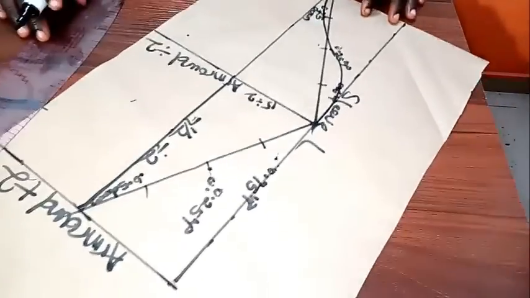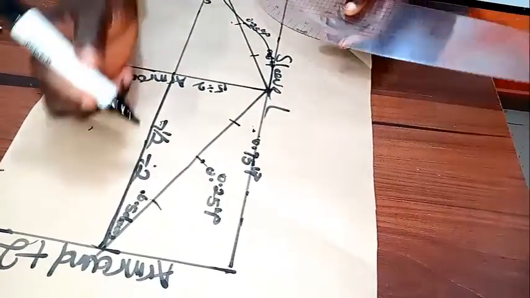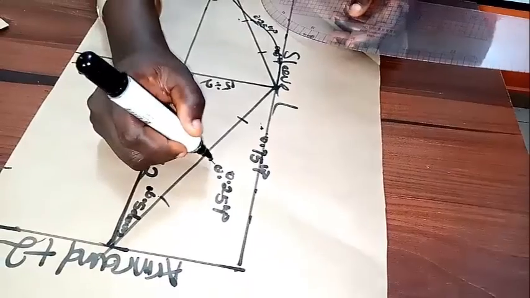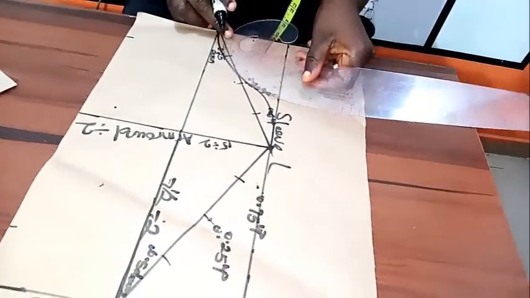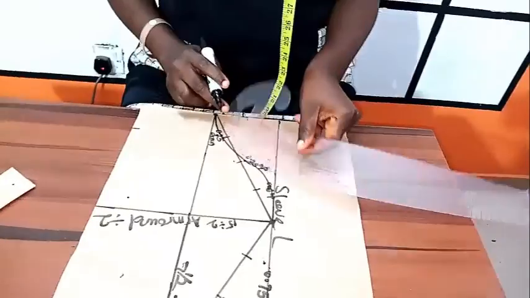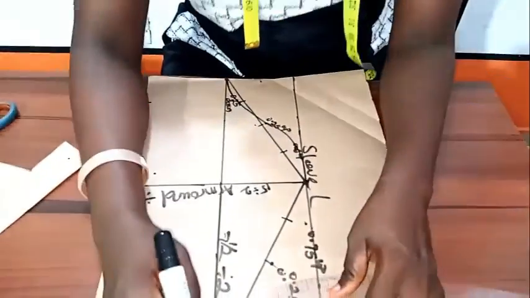Are you getting it like that? So the next thing is, I want to connect 0.5 and this quarter together using this part, the same way I did it like this. The same way I measured this part, I'm going to measure this part also like this.